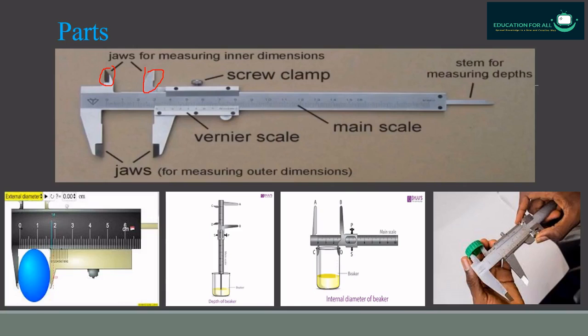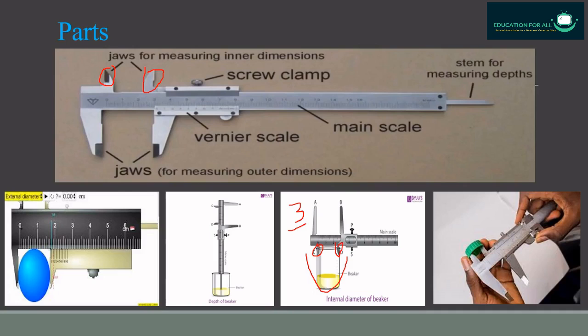Like in this third picture, you can see there is a cylinder here, and these are the two internal jaws or inner jaws which are used to measure the internal diameter of this beaker.